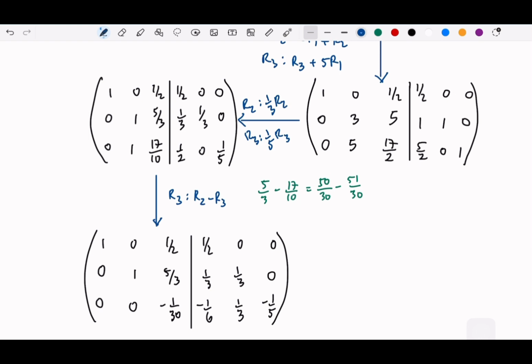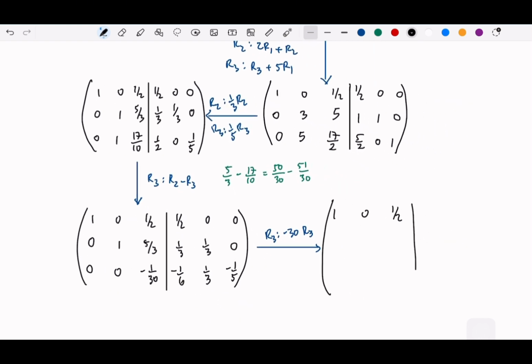I think we can just multiply with negative 30 to make it positive 1. Okay, 1, 0. Okay.